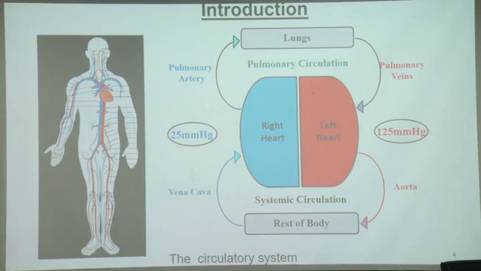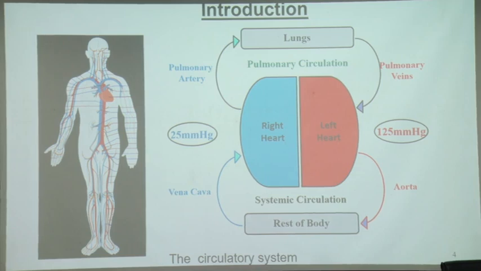The whole cardiac cycle completes within about a second, depending on your heartbeat. If your heartbeat is about 60 beats per minute, then the cycle is 1 second. If your heartbeat is faster, then the cardiac cycle is less than a second. From a fluid mechanics point of view, it's quite interesting that the two sides of the system, the arterial system and the venous system, operate at very different pressures.